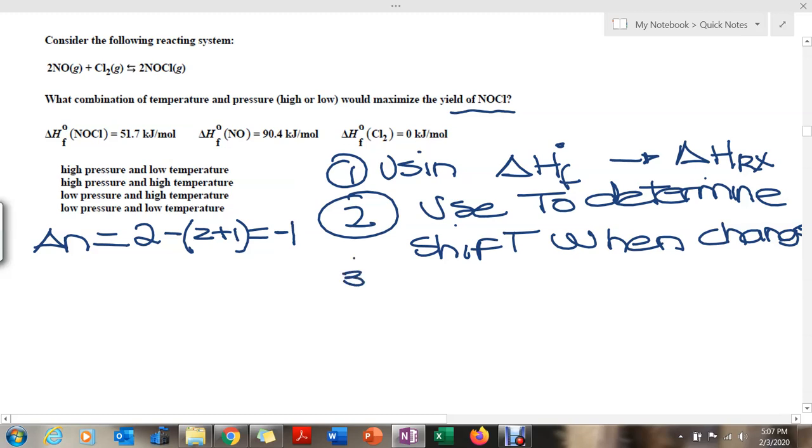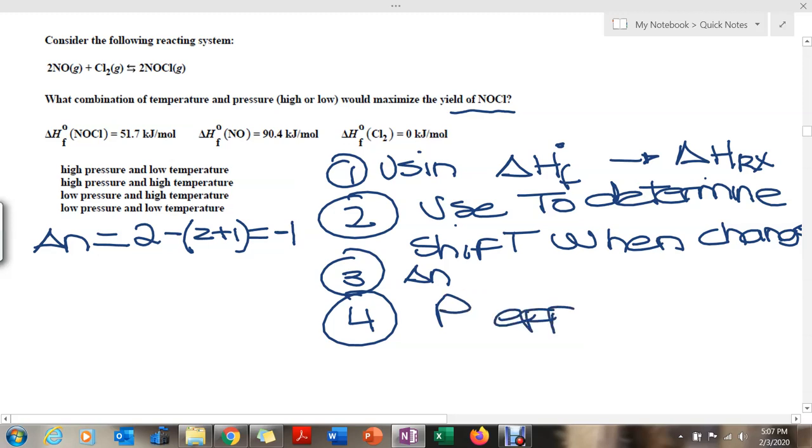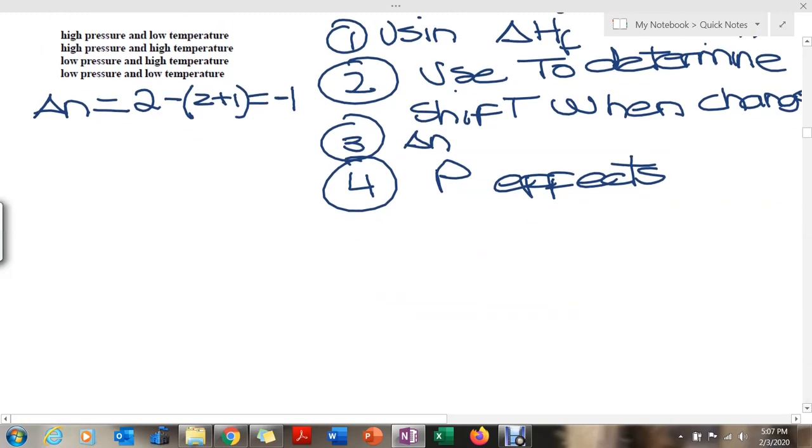Okay, the third step was determine delta N. And the fourth is, with the increase or decrease in pressure, we study the effects of pressure. Okay, let's get started. Let's calculate the enthalpy of the chemical reaction.